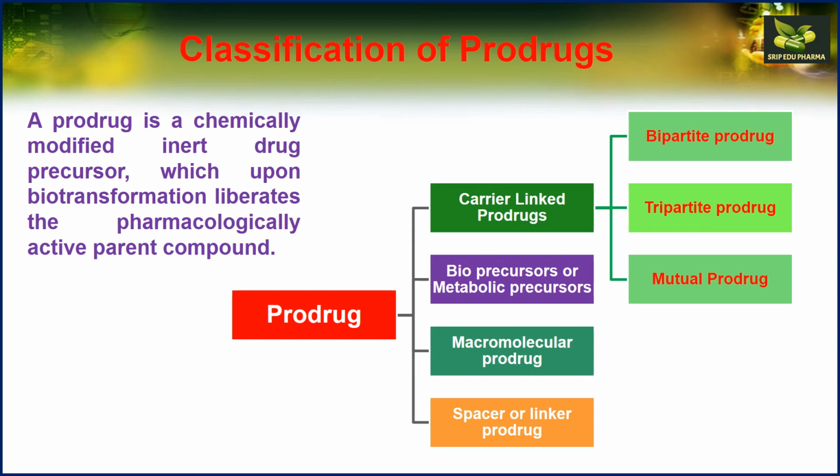A prodrug is a chemically modified inert drug precursor which, upon biotransformation, liberates the pharmacologically active parent compound. The specific approaches used are carrier linked products, bioprecursors or metabolic precursors, macromolecular products, and spacer or linker products. So all these you have to study in this last unit.